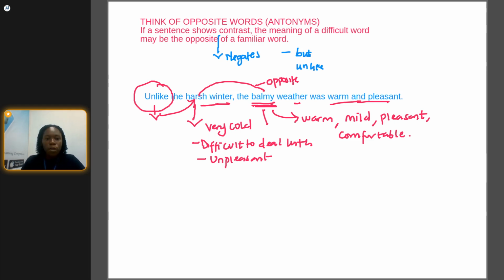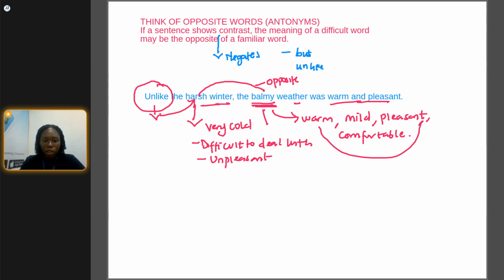You just need to look for these words or the opposite of these words in the options that you are given to determine what the antonym of balmy would be.